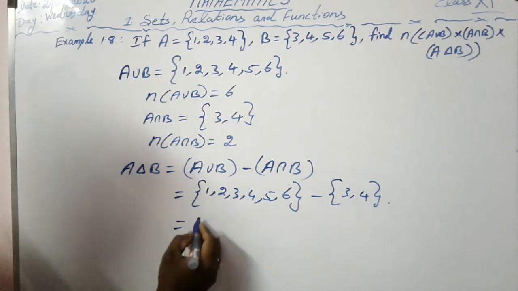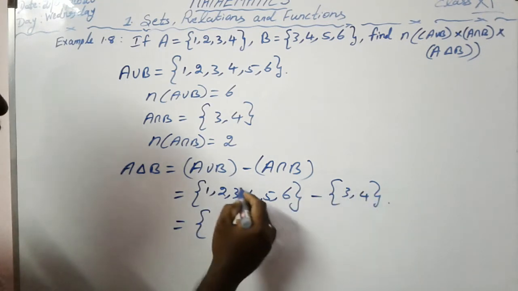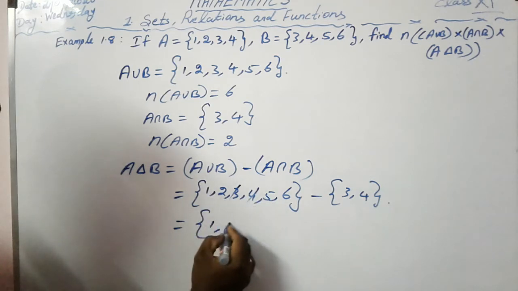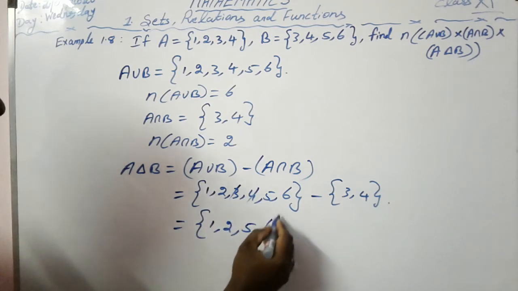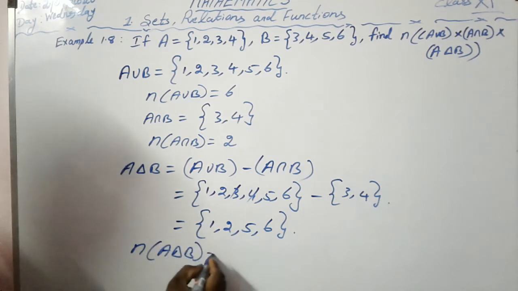Then this equals the set with 3, 4 removed. Am I right? Remaining 1, 2, 5, 6. So n(A delta B) equals 4.